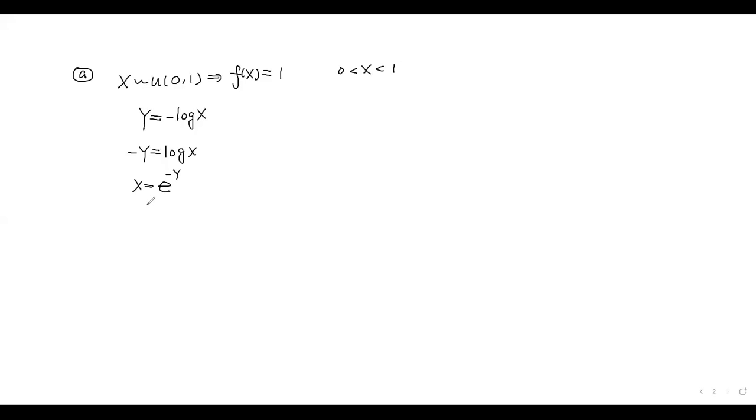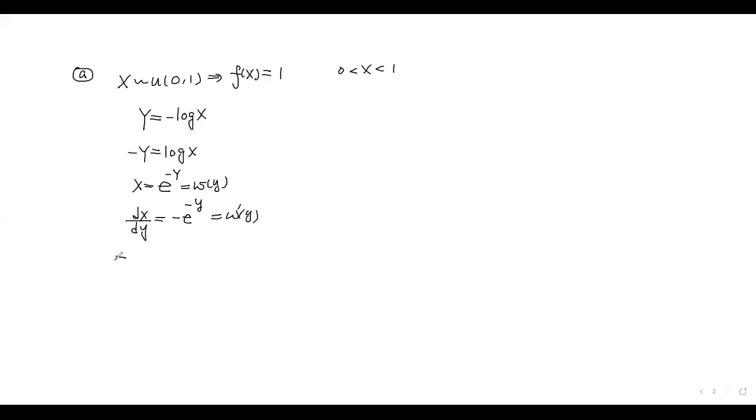Okay, so now in here, this is my W(y), right? Like a while ago. So now I will say dx/dy is equal to what? dx/dy is equal to negative e to the negative y. Okay, so this is my W prime(y) here.